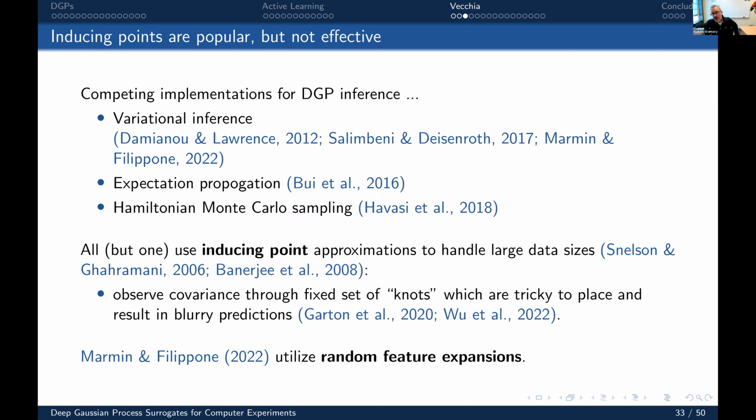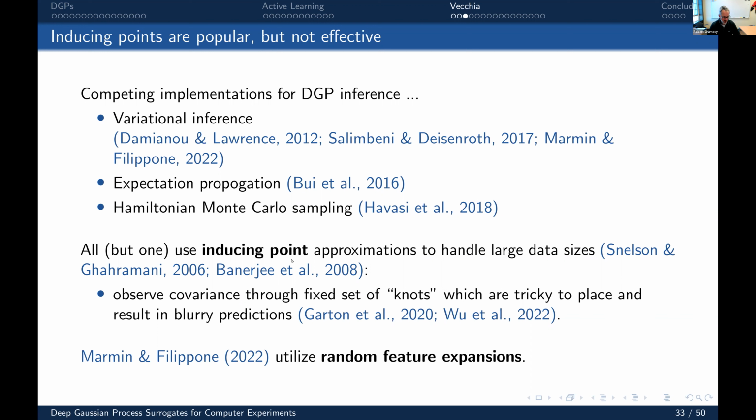So how do you solve this problem? There are lots of good ideas in the literature, and most of those good ideas come from the machine learning literature, but some also from the spatial stats and computer surrogate modeling literature. The methods I showed you earlier for deep Gaussian processes don't do MCMC, so they're a little bit cheaper in that sense, but they also use one other trick, called inducing point approximations.